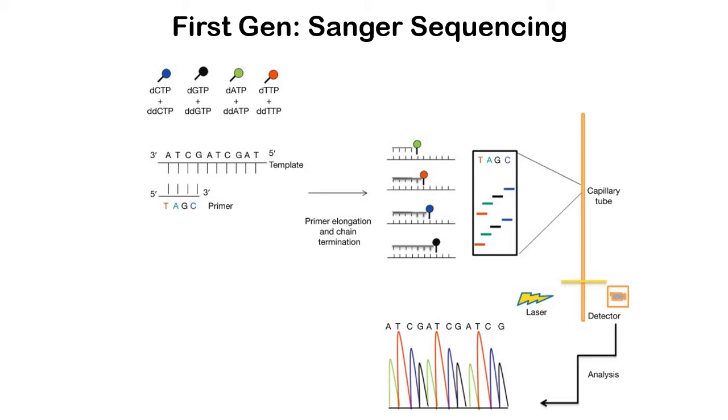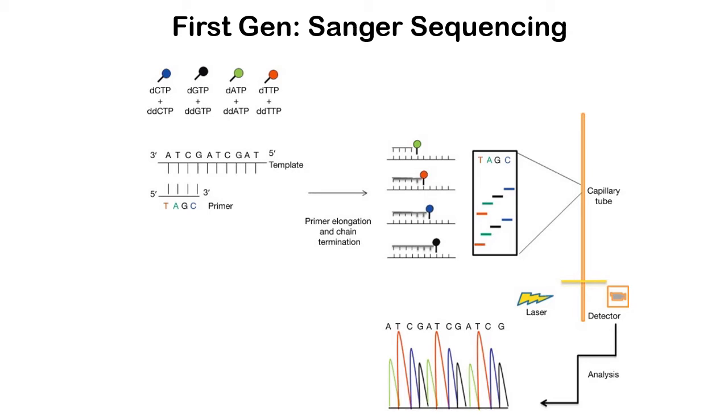By the time the cycling is complete, it's virtually guaranteed that a dideoxynucleotide will be incorporated at every single position of the targeted DNA in at least one reaction. That is, the tube will contain fragments of different lengths, ending at each of the nucleotide positions in the original DNA.